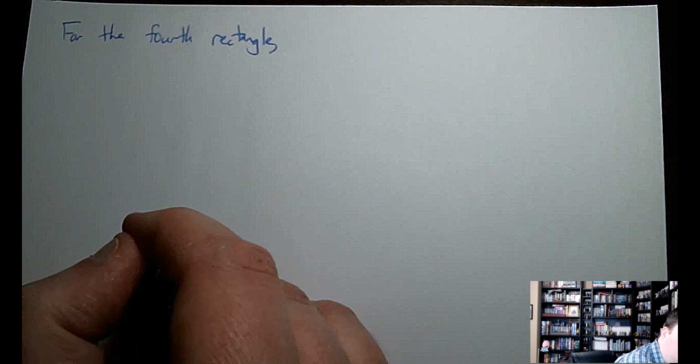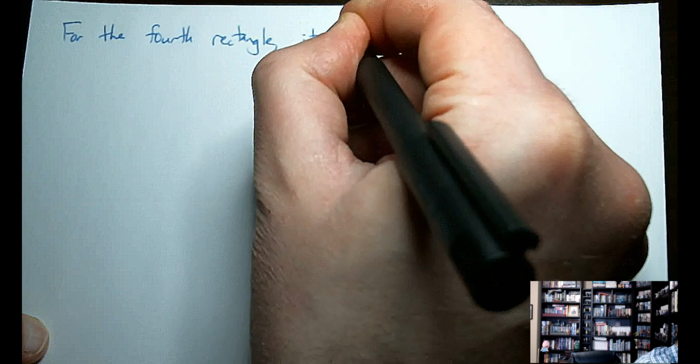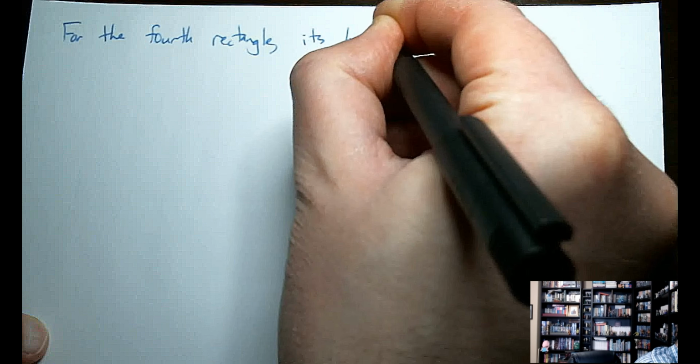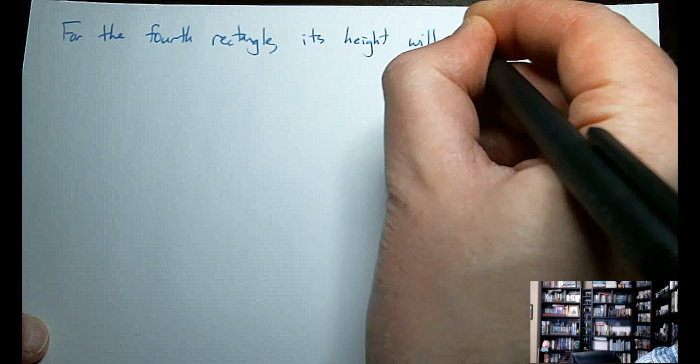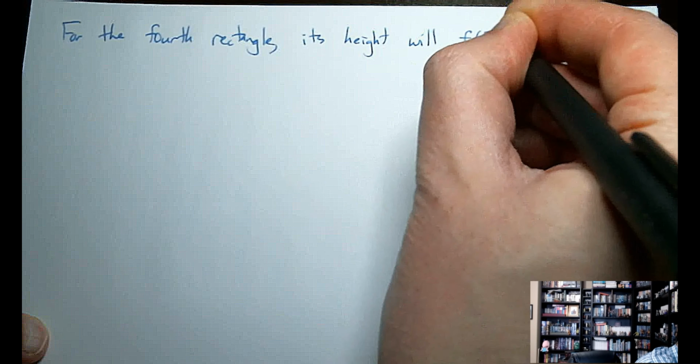All right, so the last rectangle that we need to deal with, rectangle number 4. As we just drew at the end of the last video, its height will be the value of our function at x equals 3/4.